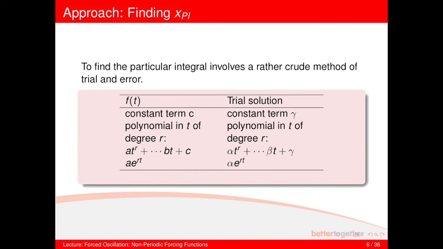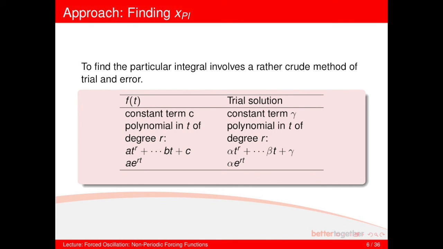Right, XPI. To find XPI, the particular integral, is quite a crude method of trial and error. What you do is look at the force that's being applied. That'll be a certain function, and your particular integral is going to be of the same form as that forcing function. I've got a little table here, and the table's in your notes.